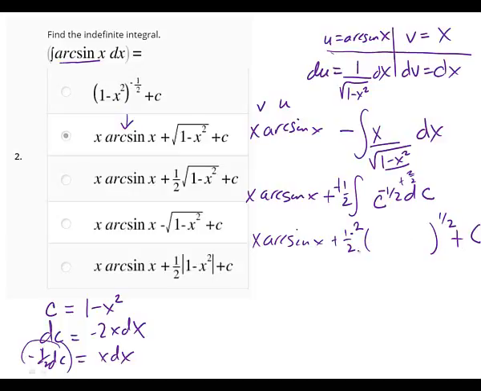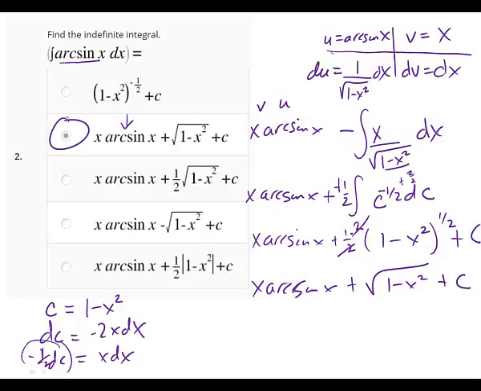And then instead of writing c, I'm going to write 1 minus x squared. What's going to happen? Got to cancel the 2's. So we've got x arc sine x plus the square root of 1 minus x squared plus c. So it should have been answer choice B, it looks like.